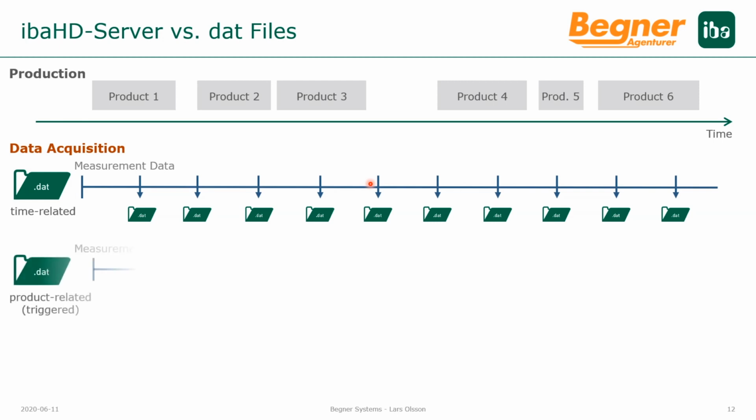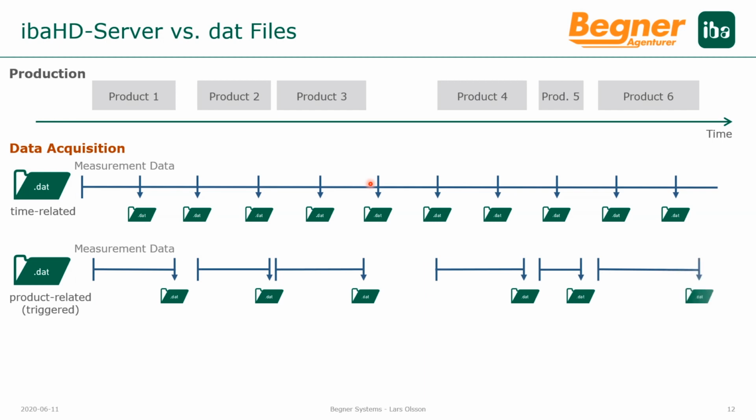Okay. Then we have the product-related or the triggered one. It could be some other trigger also, but this one is triggered by the product. It could be some occasion, some process state that triggers the dat file also. But in this case, you see the start trigger here correlates to the starting point of product number 1, and the stop trigger is here.